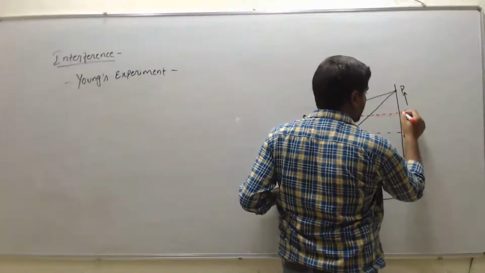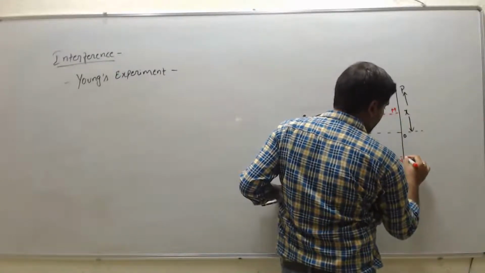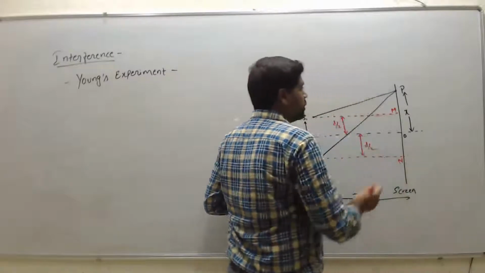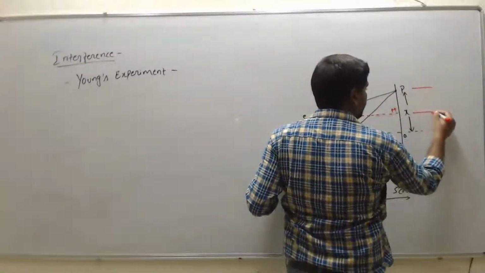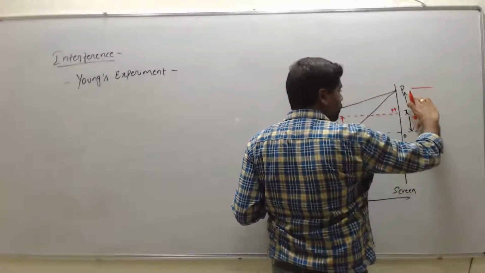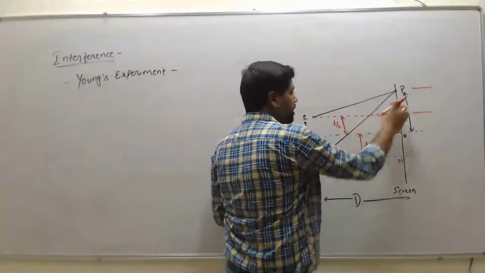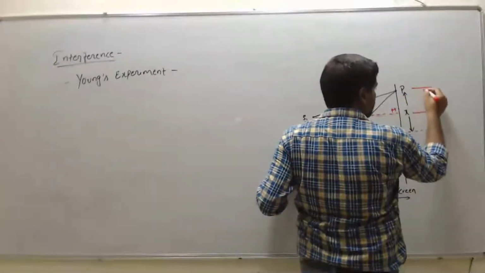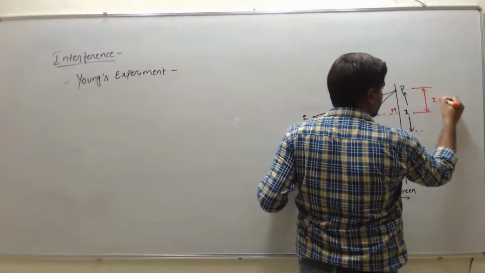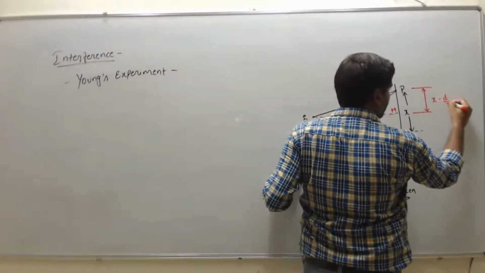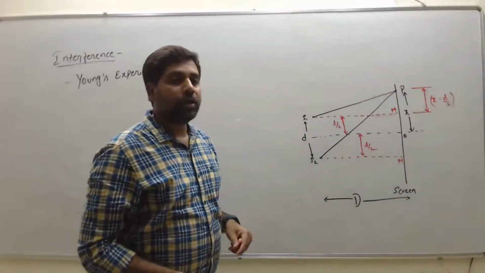I will take this one as point M and this as point N. So the total distance is PO and we subtract the value MO, then we get the P value, that is x minus d by 2. So x minus d by 2.